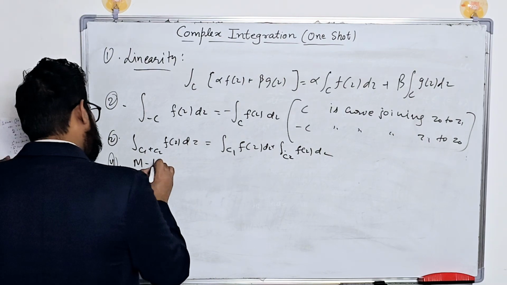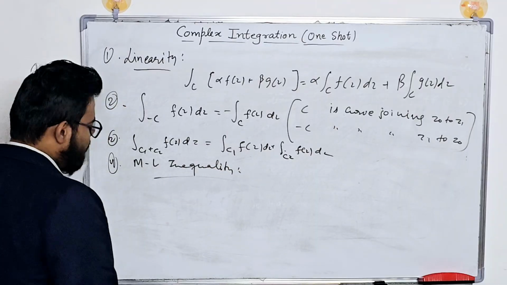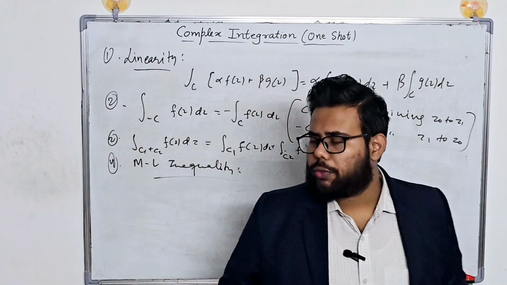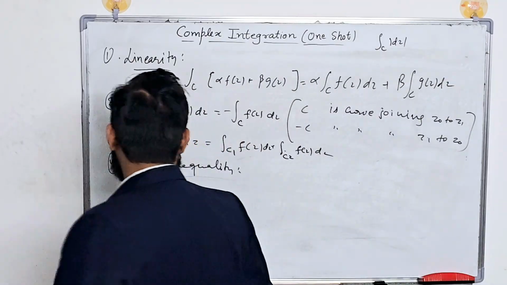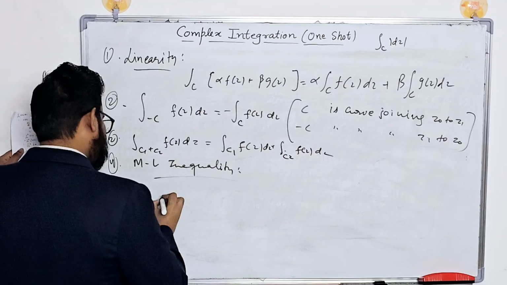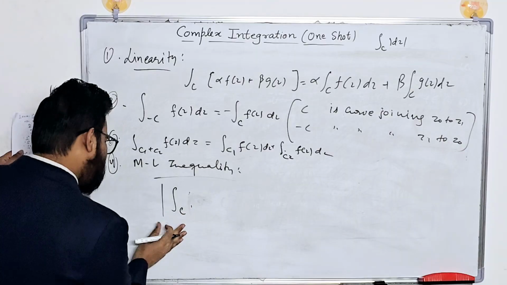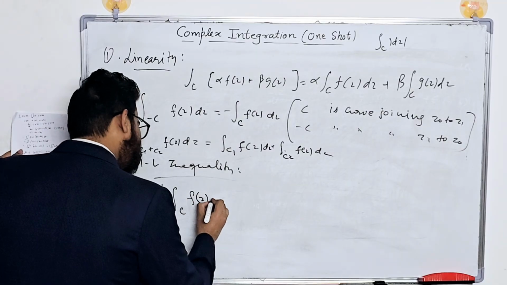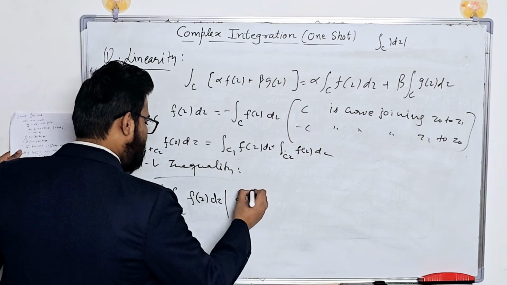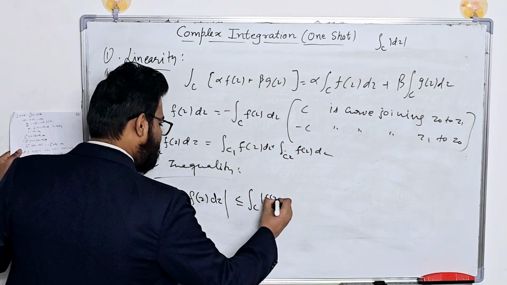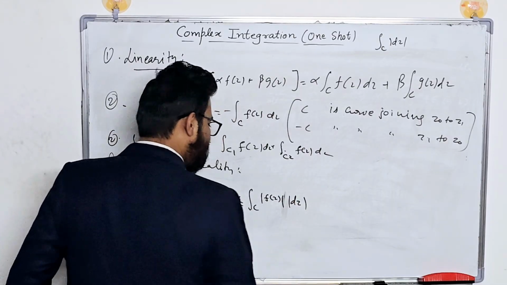Now there is something called the ML inequality, right? So if L is the length of the contour, how do we calculate the length of the contour? Basically this integration, okay? So it states that the mod of the whole integral of f of z dz is less than or equal to the integral of the mod of f of z times mod dz, right?